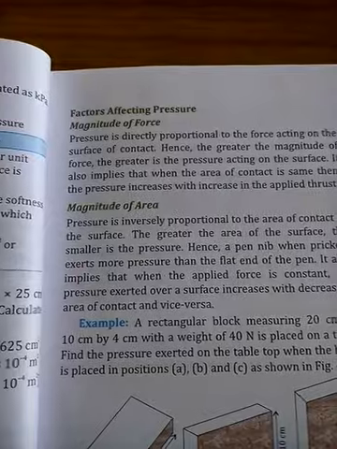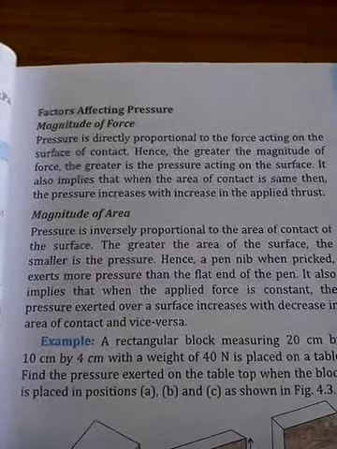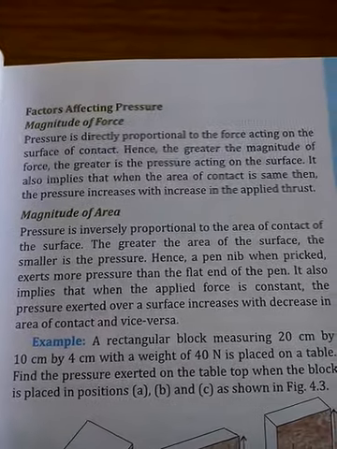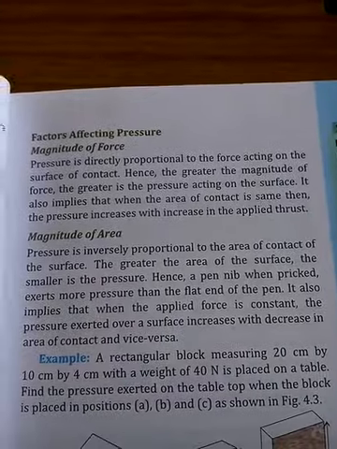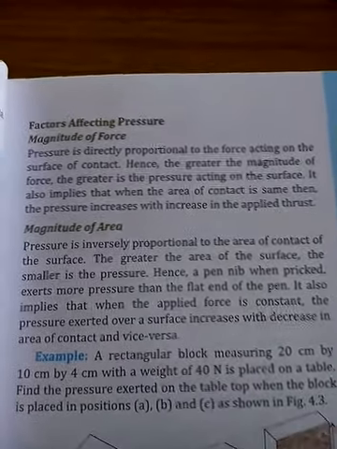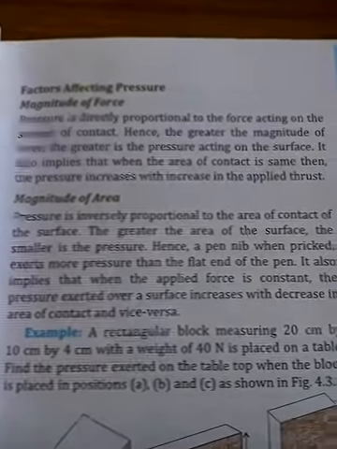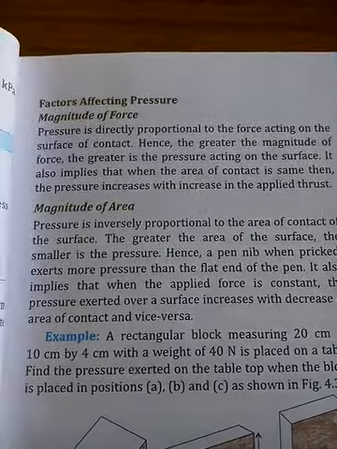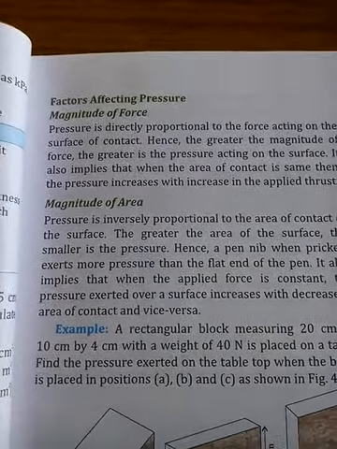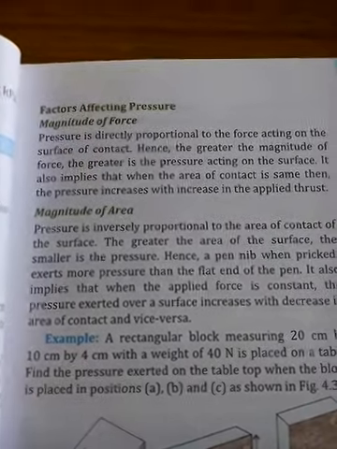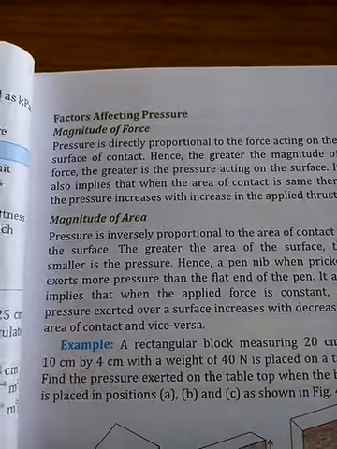But on the other hand, just imagine, can you ride your cycle on the sand? No. Why? Because the area of the cycle tire is very less, which will exert more pressure and the tire will sink into it. So area is very important in case of pressure. If area is more, then pressure will be less, and if area is less, then pressure will be more.